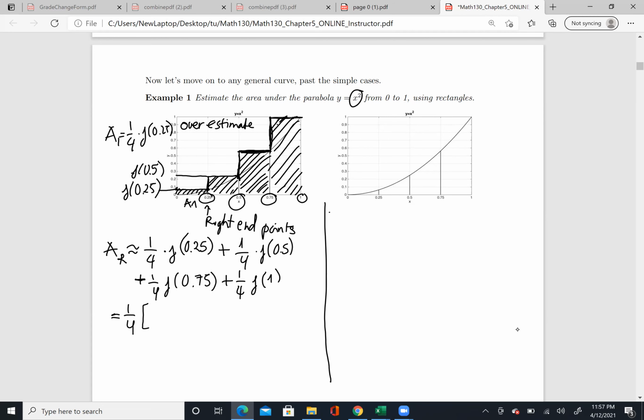Okay, so for this one, we're going to use midpoint. Maybe I've got to solve this one now. So let's say midpoint. What does that mean?